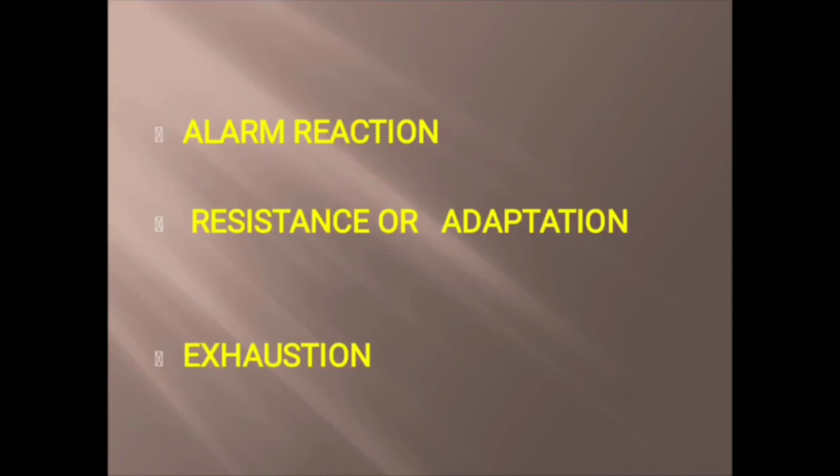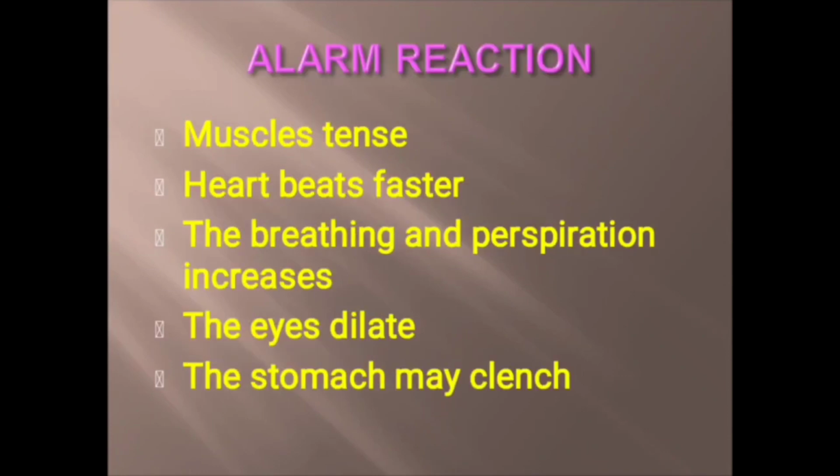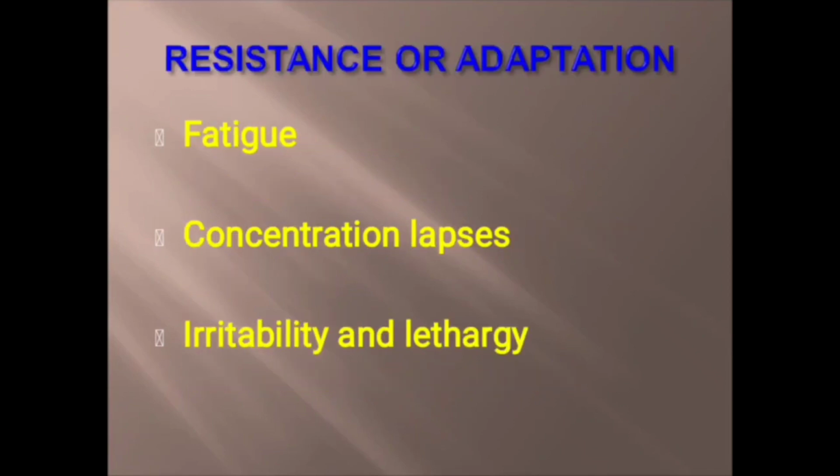Let's see what this is: alarm reaction, resistance or adaptation, and exhaustion. What is alarm reaction? In this alarm reaction the person experiences muscle tension, the heart beats faster, breathing and perspiration increase, the eyes dilate, and the stomach may clench. What is the resistance or adaptation stage?